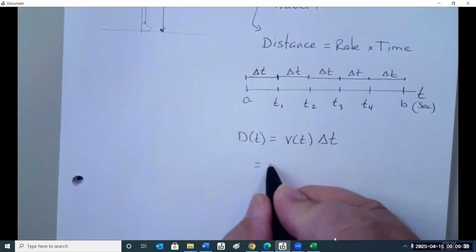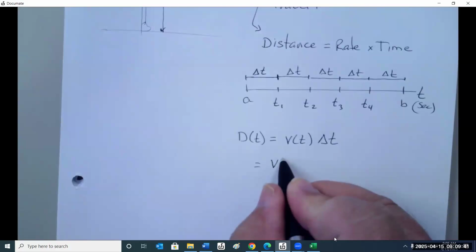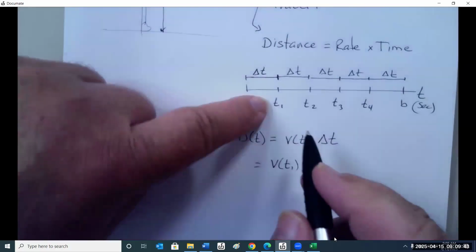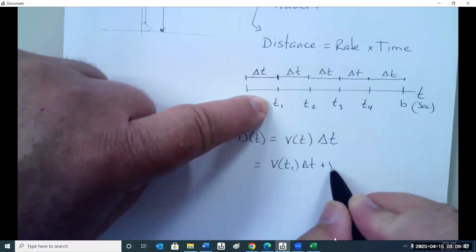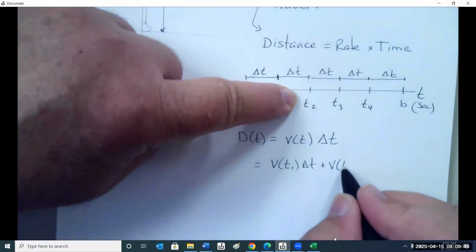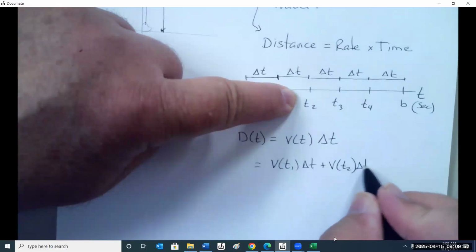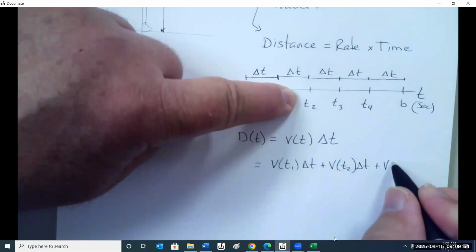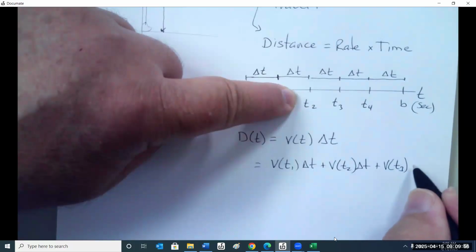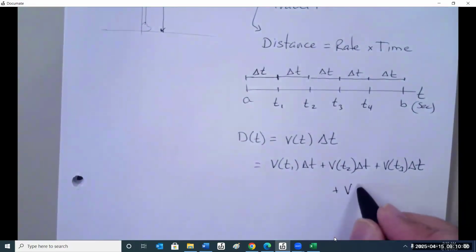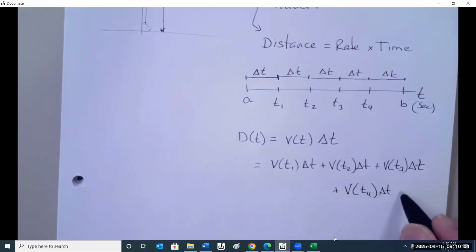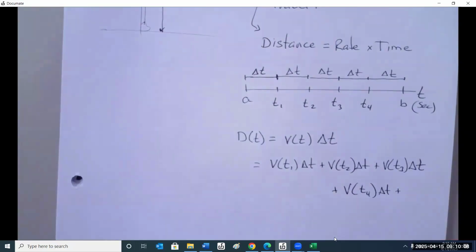So what we're going to have here is the velocity at time 1 times delta t plus the velocity at time 2 times delta t, the velocity at time 3, and so on and so forth. The velocity at time 4 times delta t, and the velocity at time 5, how far we go to.